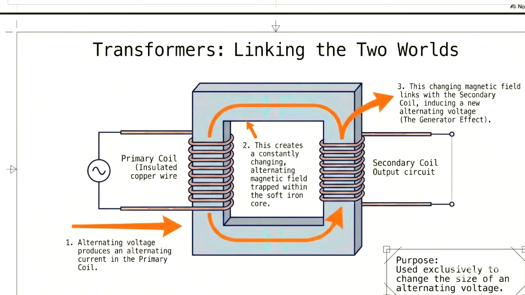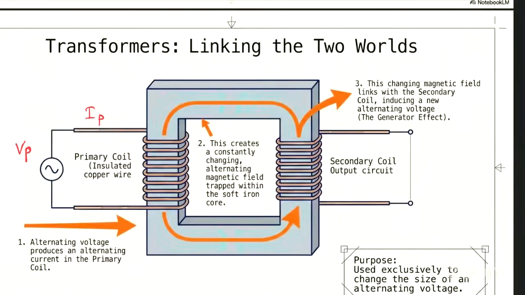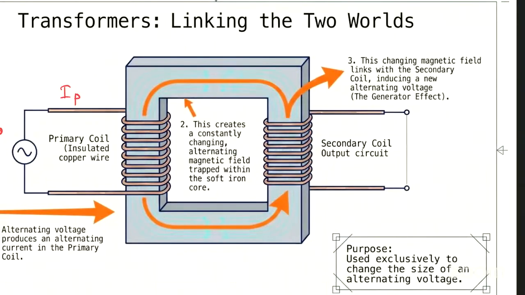If I label these diagrams, the voltage in the primary coil will be VP, and the current in the primary coil will be IP. For the secondary coil, the voltage output is Vs, and the current is Is.